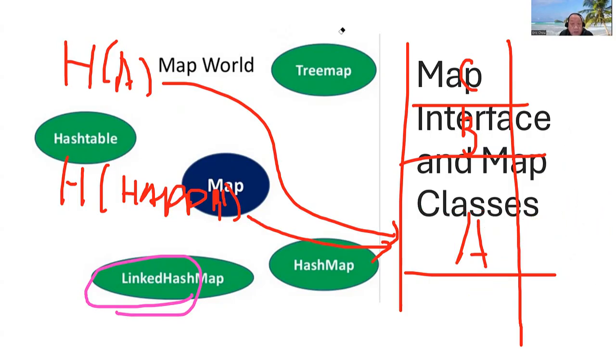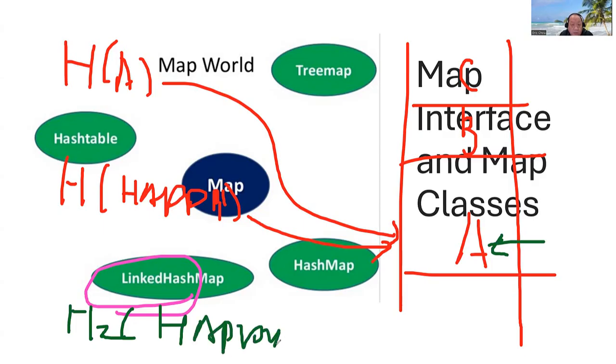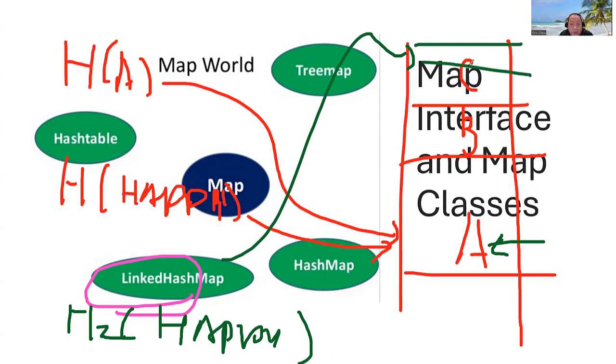Second way you can do it is that you hash A to here, and then the next one, happy, comes in. When happy comes in, you see there's some data occupying it already. So you use a hash function number 2 to hash happy. So you hash to somewhere else, and nobody is there, so happy is over there.